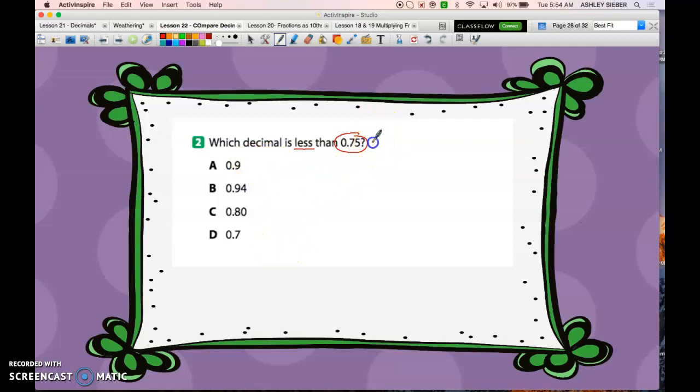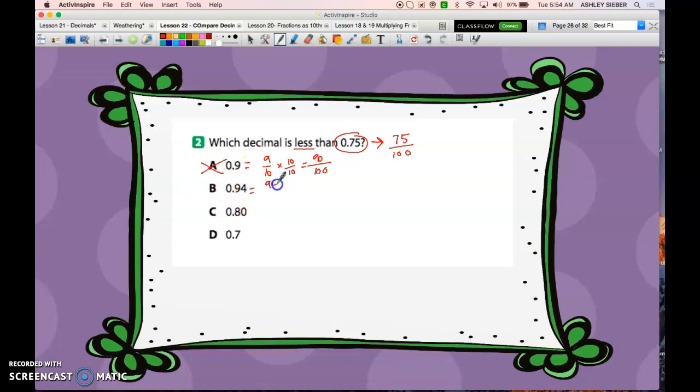So I'm going to change this to a fraction. I know that this decimal is equivalent to this fraction. So I'm looking at which one of these is less than 75/100. Well, I know that this means 9/10. If I change that to hundredths and multiply by 10/10, I get 90/100. 90/100 is not less than 75/100.